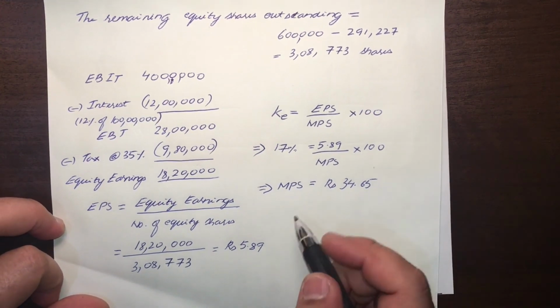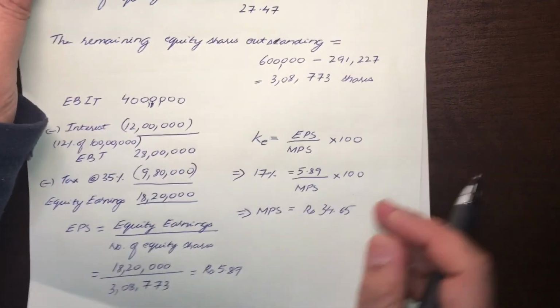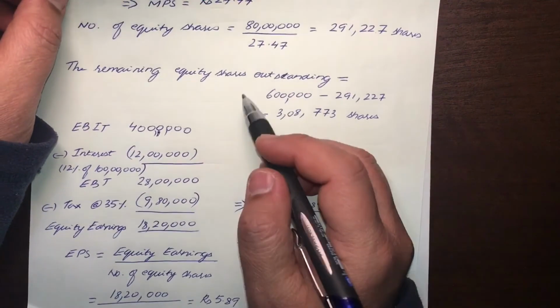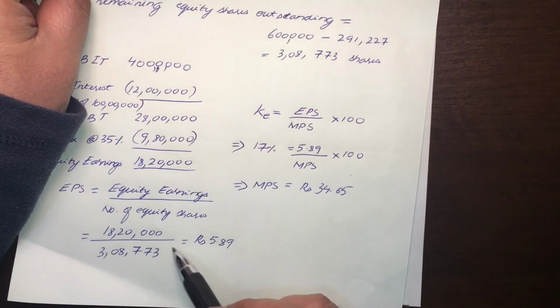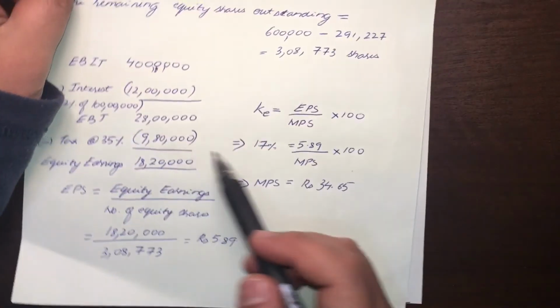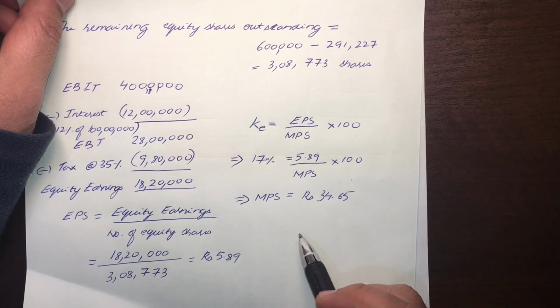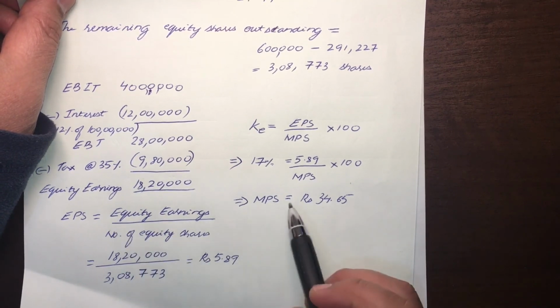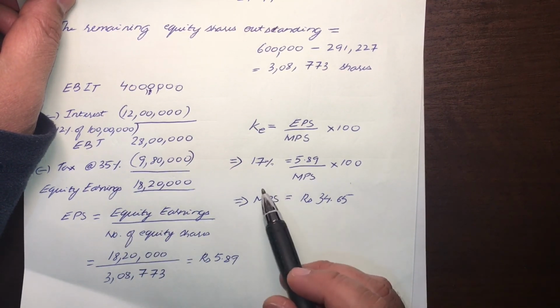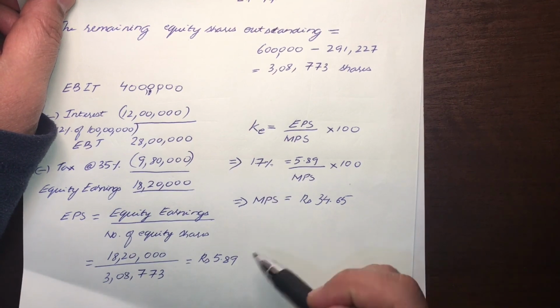All right. Again I'll repeat, since the EPS, the earnings per share, along with the market price per share, are both greater than the EPS and the MPS of the old capital structure, the company should adopt.